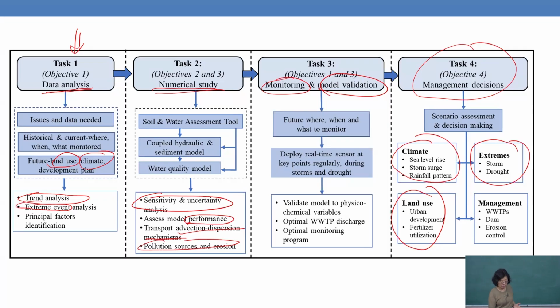So that's another circumstance. Then we will also come to how we manage the wastewater treatment plant. How are we going to manage our dam? How to control the erosion? All of that will also again affect your model input.